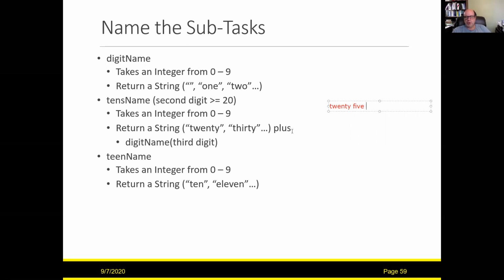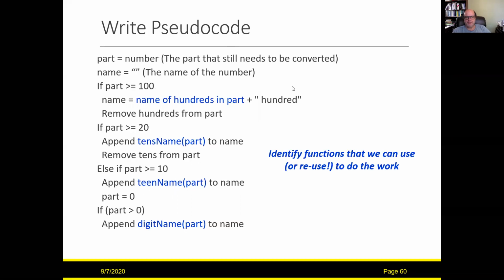This function is just going to give me 20, 30, 40, 50, 60, 70, 80, 90. The ones are going to come here, and the teens are going to come from here. So we're going to break it down into three sections. Especially if you're not as strong with your CS2, I strongly suggest you practice on this one. It's a good way of designing.